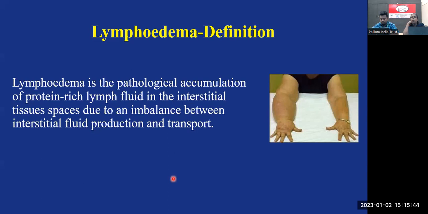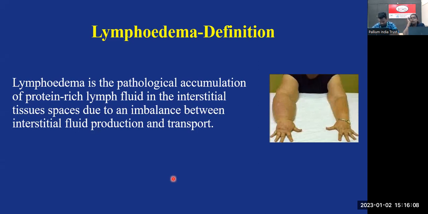The axillary node is absent. If there is damage in the lymphatic system, no transportation happens there. At that time the fluid collects in that part. So that is called lymphedema.